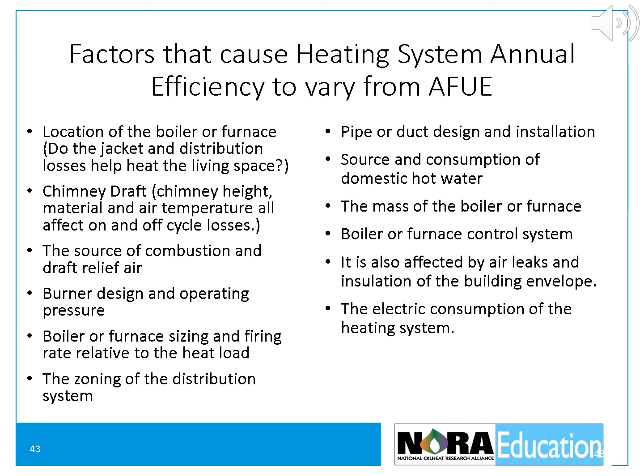Boiler and furnace sizing and firing rate relative to the heat load, the zoning of the distribution system, pipe or duct design and installation, the source and consumption of domestic hot water, the mass of the boiler or furnace, and the control system. It's also affected by air leaks into the boiler, the insulation of the building envelope, and the electric consumption of the heating system.